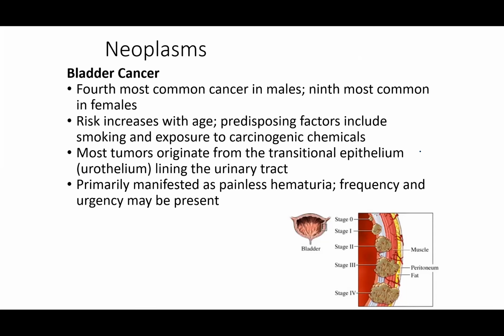The tumors, as they enlarge, can start to affect the integrity of the lining of the bladder, which is under involuntary control. And so it loses its muscle function. It's a type of smooth muscle, so it does lose its function, which can lead to some problems.